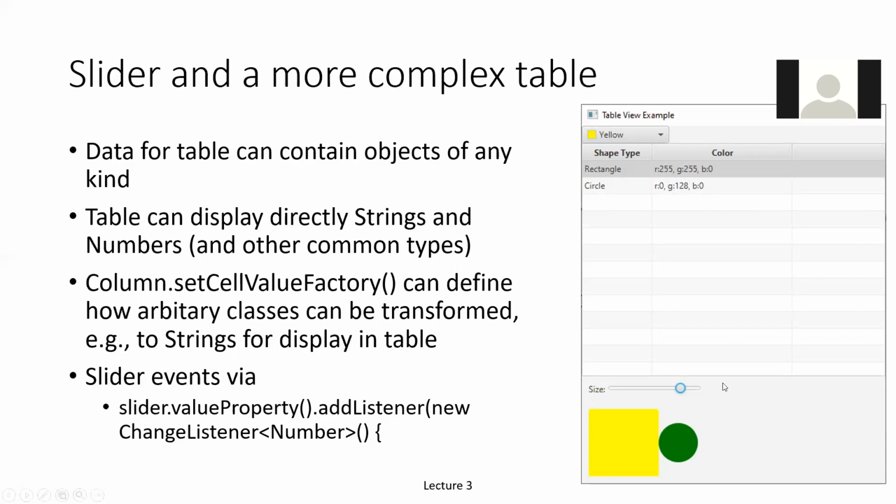And a slider was also used here, and to listen to value changes in the slider, you get the value property of the slider and add a listener there with the self-type change listener, and it's always number because slider just contains numeric values.